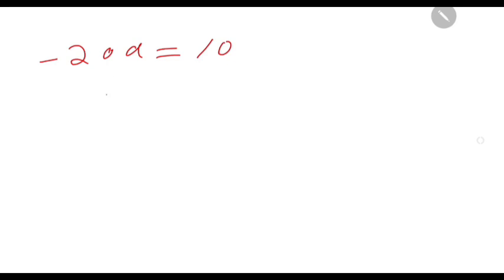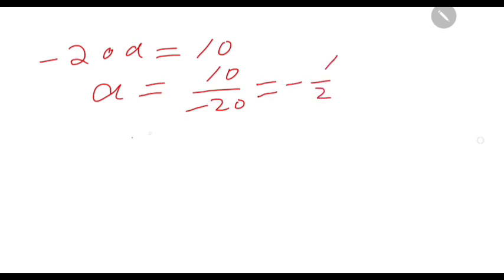So I'm going to isolate the a. The a value is going to be 10 divided by -20. The answer is -1/2. So that is the a value I got. Now I'm going to substitute a back into number 3 to get the b value.